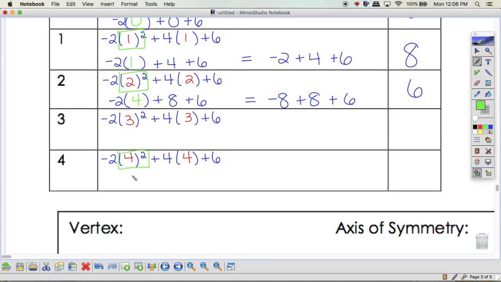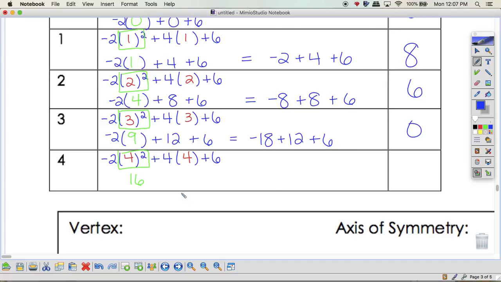4 squared here gives me 16. I skipped over, why do I keep skipping over these? So this is negative 2 times 9 plus 12 plus 6. That is negative 18 plus 12 plus 6. Does that give me 0 like we guessed?